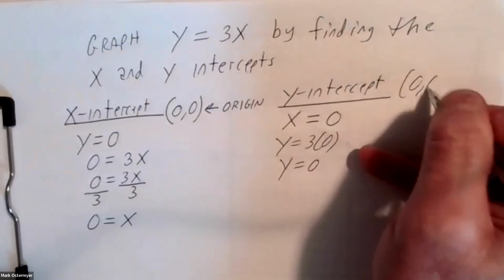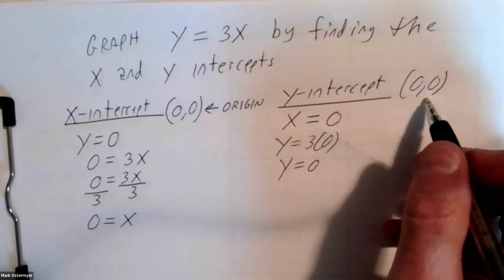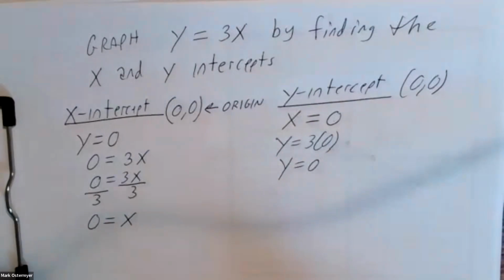So (0, 0), the origin, also happens to be the y-intercept. Well, since the x and y-intercept are the same point, namely the origin, that's not going to be good enough in order to graph this linear equation. We're going to have to generate at least one more ordered pair solution to this equation if we're going to be successful in graphing it.